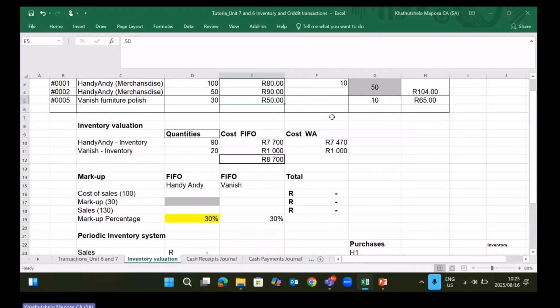Markup is your 15 rands. I don't want to call it profit because in accounting profit means something else, but it's almost like that little extra that you make between your selling price and your cost price, or the difference between your cost price and the selling price.